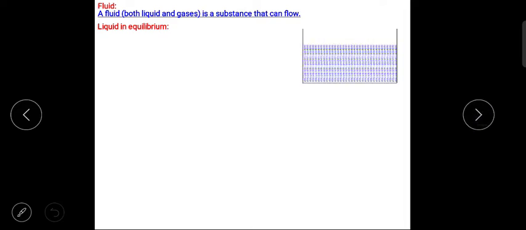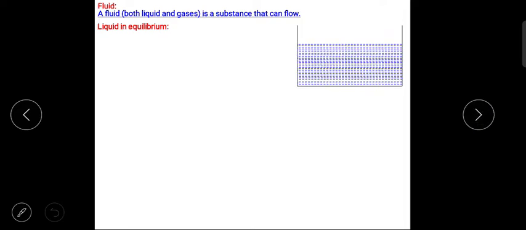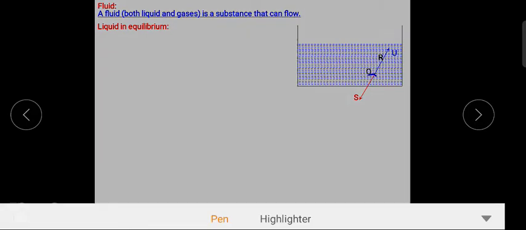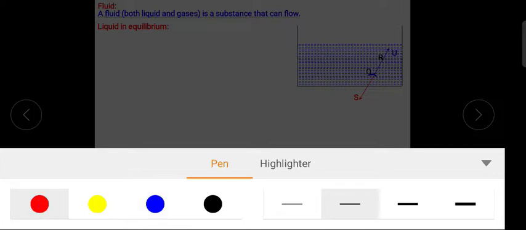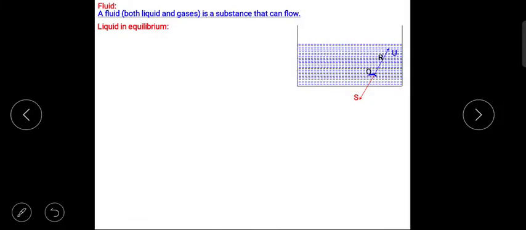Liquid in equilibrium. What is this? Suppose I have taken a beaker and filled water in it. There is a point O under this liquid, and by some means I'm pressing the liquid at that point downward.